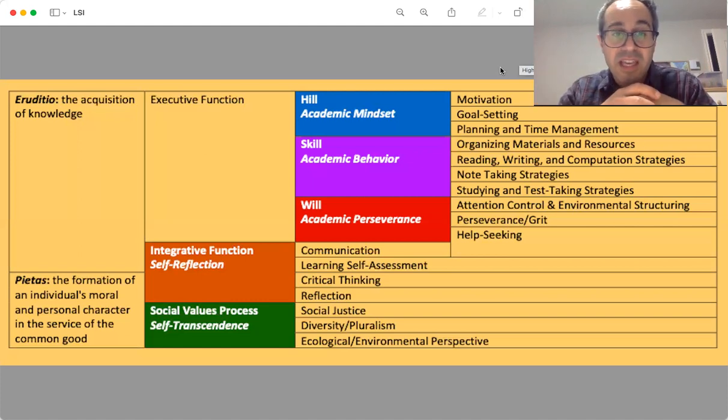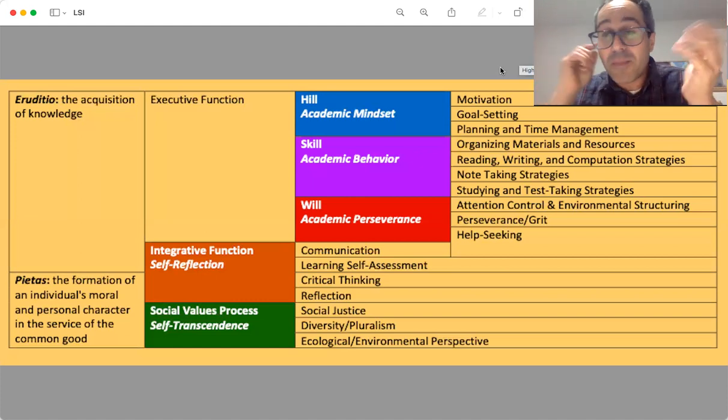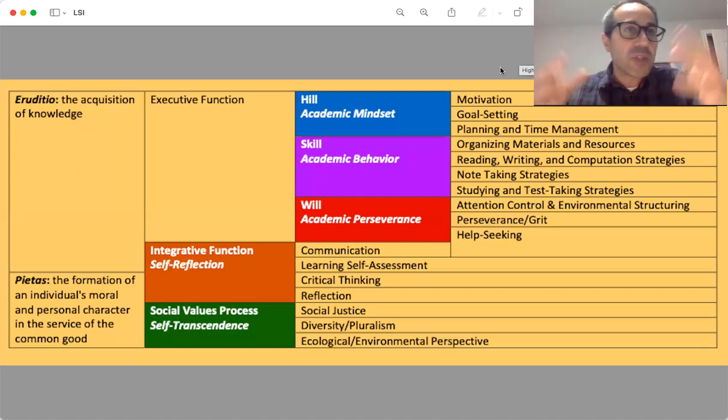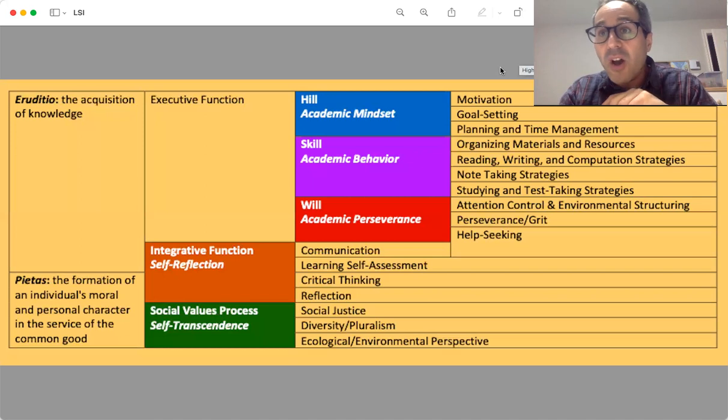And so things like applying our learning into social justice, whatever that might mean, letter writing, action based, using math to help build a greenhouse, offering opportunity for relationship, diversity and pluralism, ecology, environmental perspective.